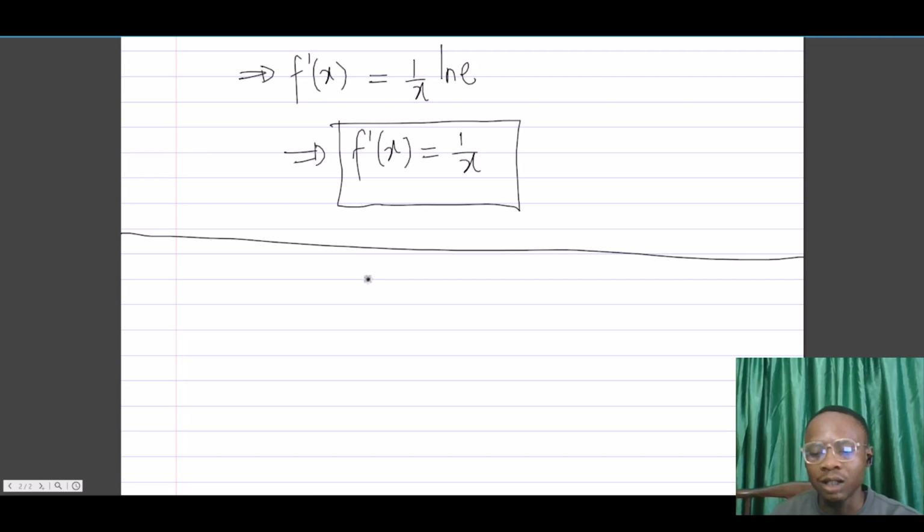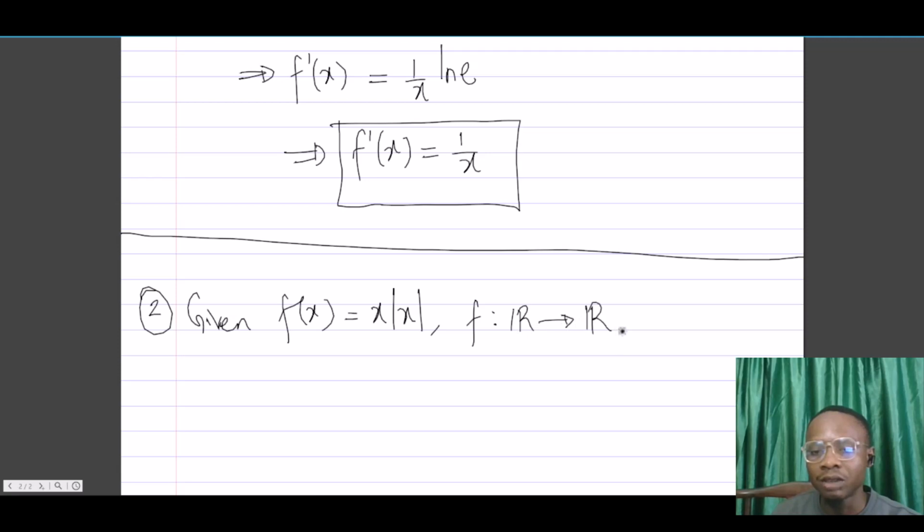Let's say we have another problem here. Given that f of x equals x multiplied by the modulus of x, we know that f takes real numbers to real numbers.